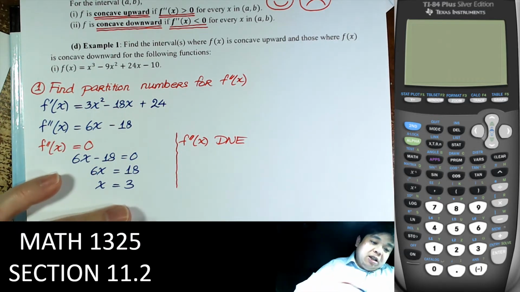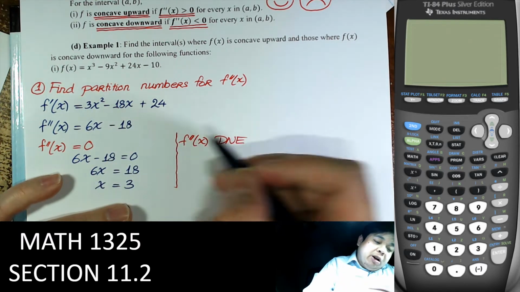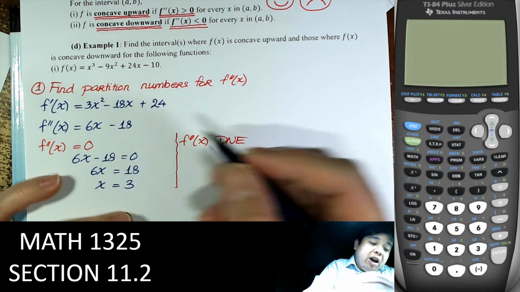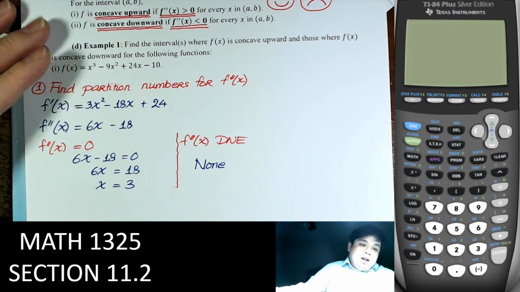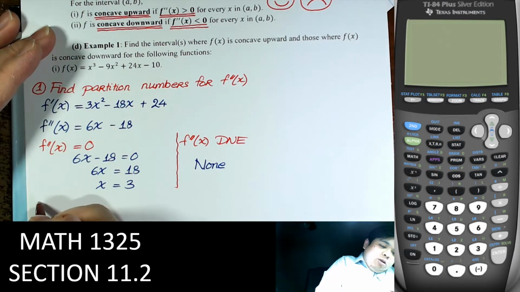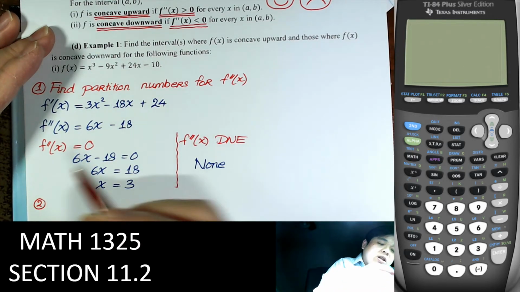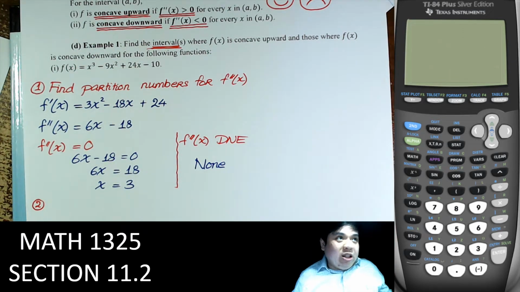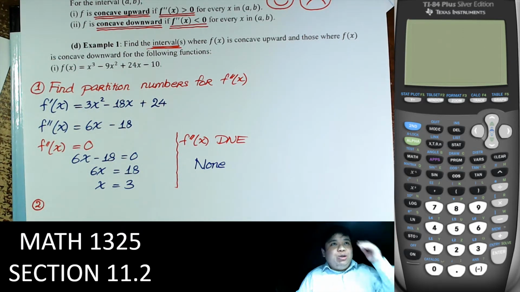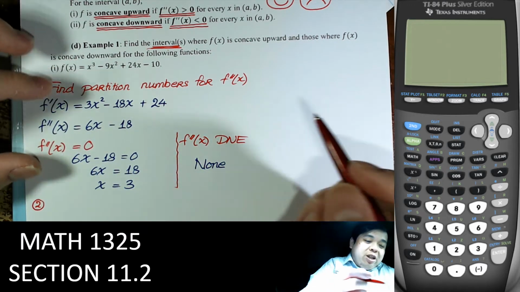And does not exist: this is a polynomial function that is defined everywhere, so there will be none. You might ask, why don't we put it back into the function? Of course we can, but notice that in this problem we only find the intervals, so we don't care what happens at the point. So we don't need to do that. We have found the partition number for the second derivative.